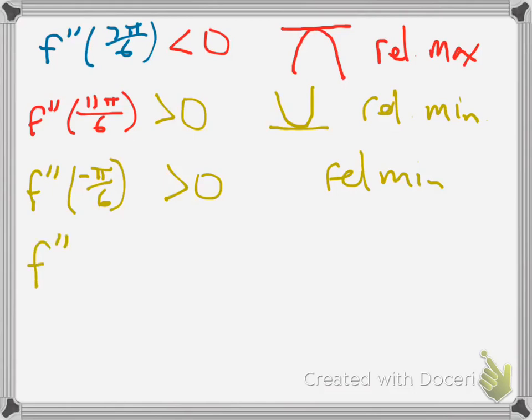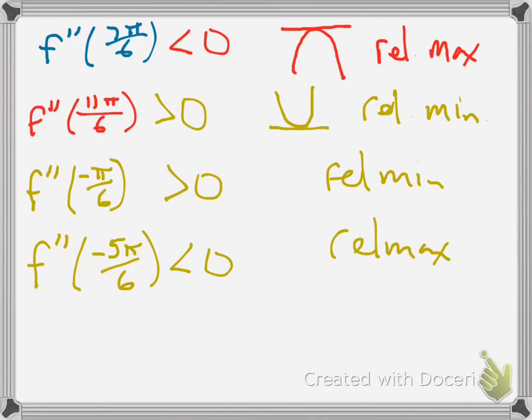If I look at f double prime of negative 5 pi over 6, that is in the third quadrant, just like the 7 pi over 6 was in the third quadrant. The analysis would be the same. We're going to end up with a negative number there, which means we're going to end up with a relative maximum value occurring at x equals negative 5 pi over 6.